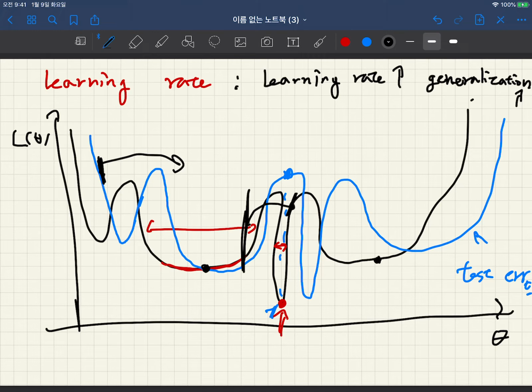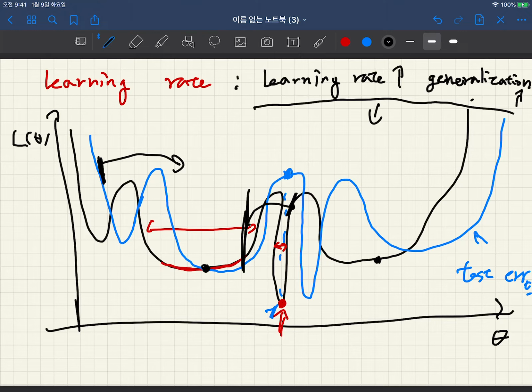On the other hand, if you decrease the learning rate, your generalization behavior can be worsened. But you have to think about this as well. When the learning rate is too high, it never converges. It always oscillates. So you have to decrease the learning rate at some point to get a very nice point.